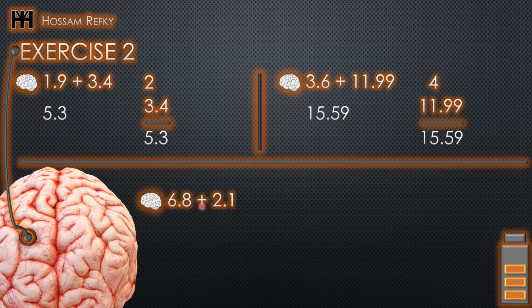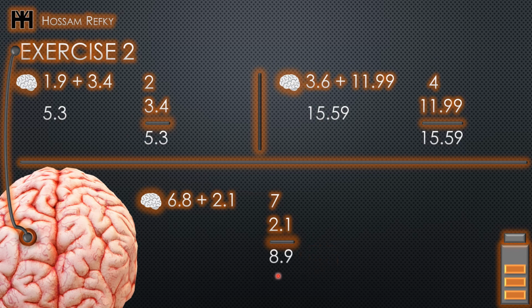Okay, 6.8 plus 2.1. Let's add these numbers. If we add 0.2 here to make this 6.8 into 7, then we have nothing above the 1 here. It will go down. 2 plus 7, it will be 9. So don't forget to subtract 0.2.